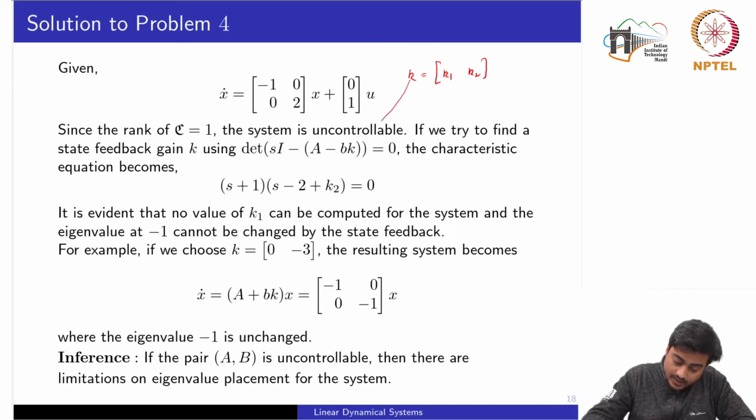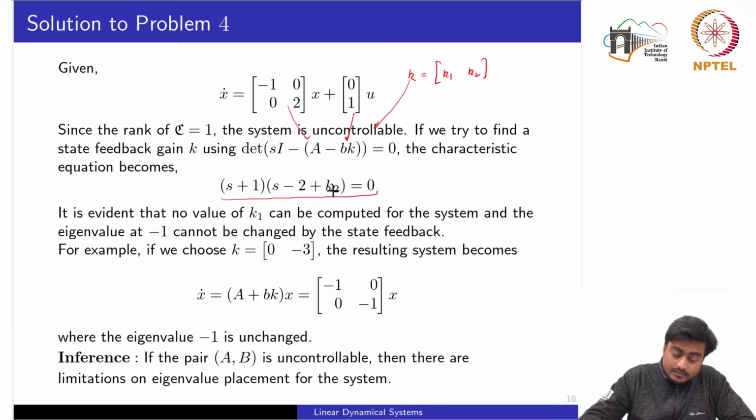Now once we substitute K here and the A matrix form here, the B matrix here, and solve or open up this equation, we obtain this one. One important thing you would see is that one of the elements of the gain vector k, namely k1, is not available here.